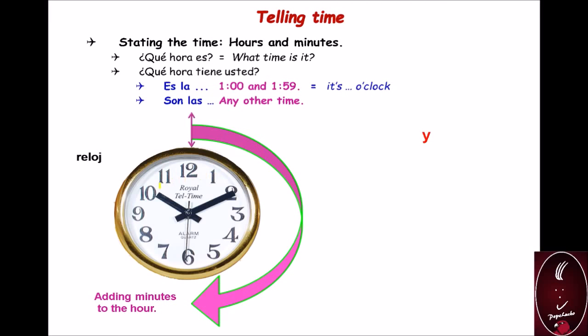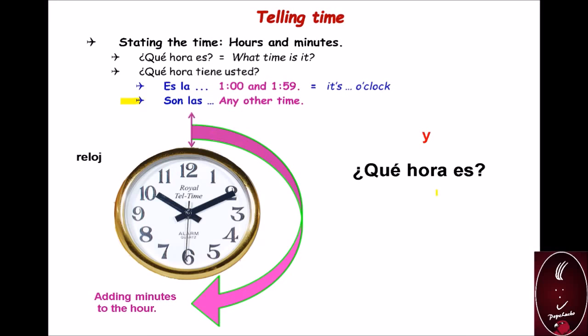To express the time in this clock, the question is ¿qué hora es? Remember that we are adding minutes to the hour. So we are adding minutes to this 10 o'clock. And how many minutes are we adding? 5, 10. What is my option here? My option is son las.